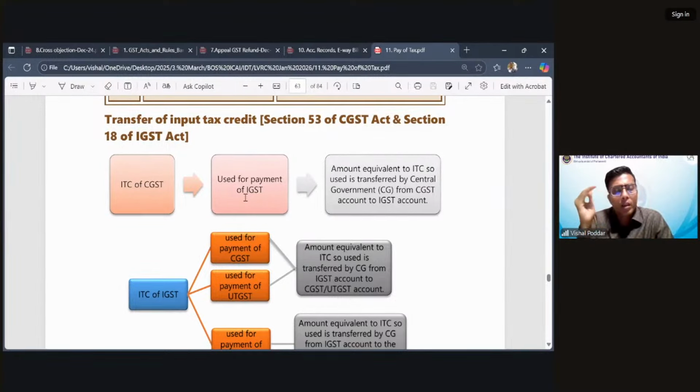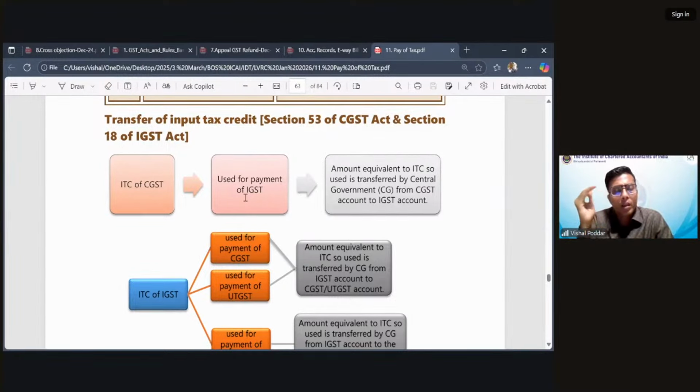Now, when CGST is used for discharging IGST liability, what will happen? An amount equivalent to the ITC so used is transferred by the central government from the CGST account to the IGST account. So in government records, this transfer between various account heads is happening actually. Otherwise, their accounts at the end of the year will not tally.